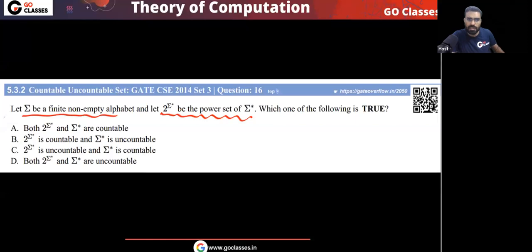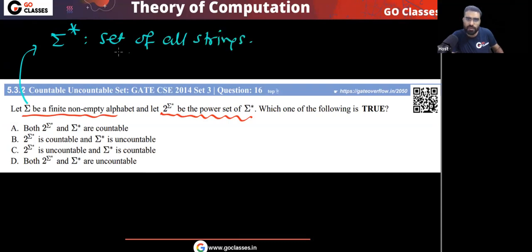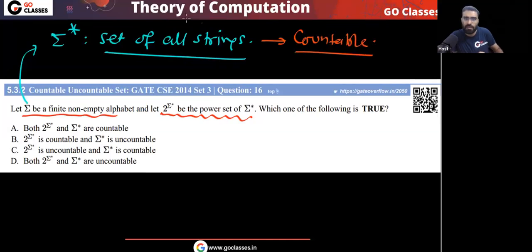What is sigma star? Whatever sigma you take, sigma star will be the set of all strings. And this set of all strings is countable, right? Whatever sigma you take, this sigma star is always countable.